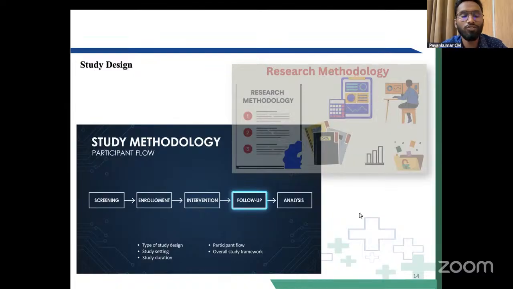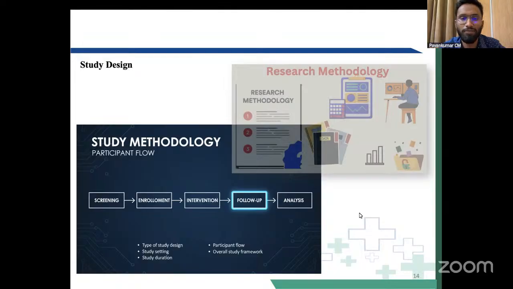So here I have shown in a simple way that once we design the protocol, here we are going to write how we are going to screen, that is the inclusion and exclusion criteria, what the responsibilities and roles are, how we are going to enroll, and what intervention we are going to do, and whether any changes are there.